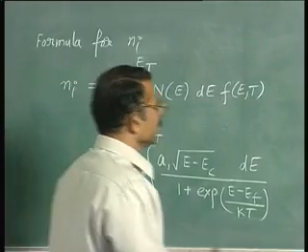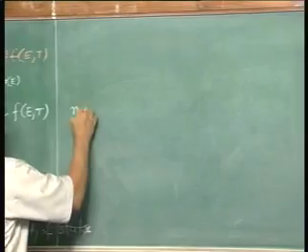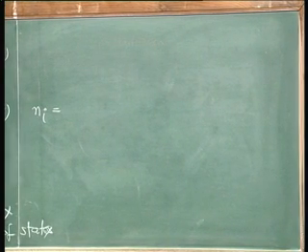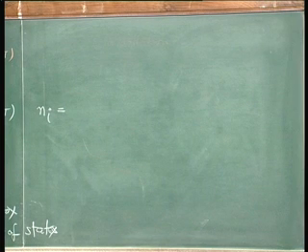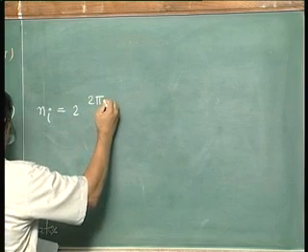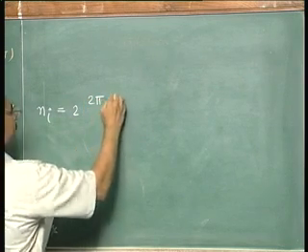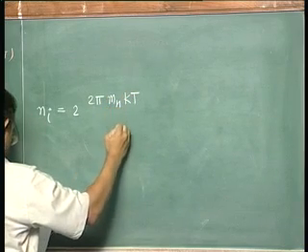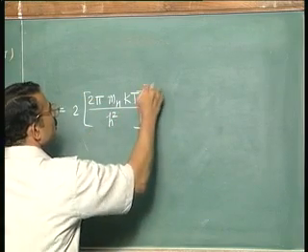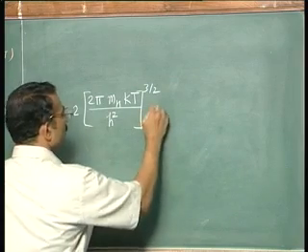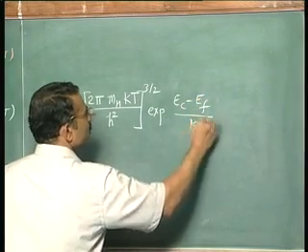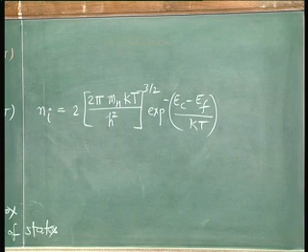And what does it look like? It looks like this. Ni is equal to 2 into (2 pi mn kT by h square) whole power 3 by 2 into exponential of minus (EC minus EF) by KT, with a negative sign.